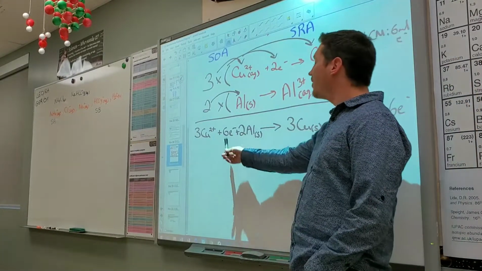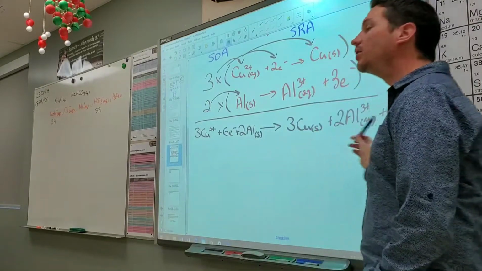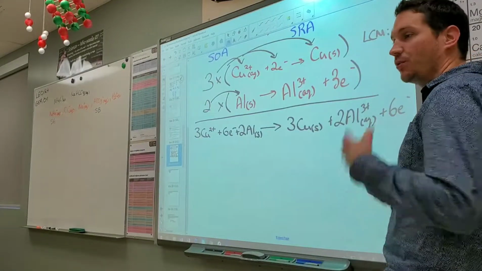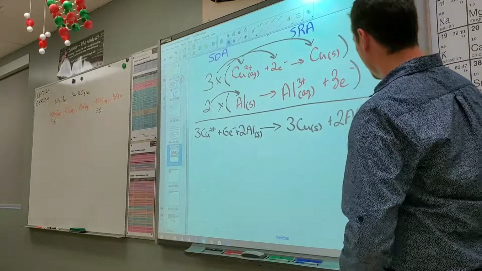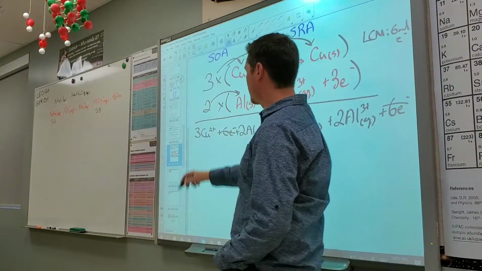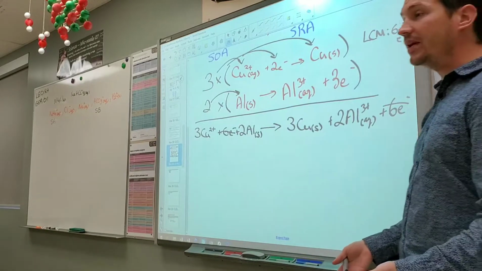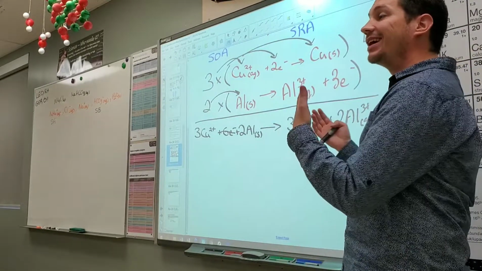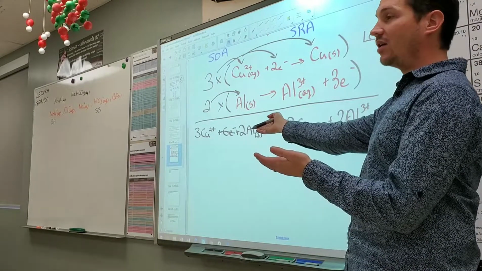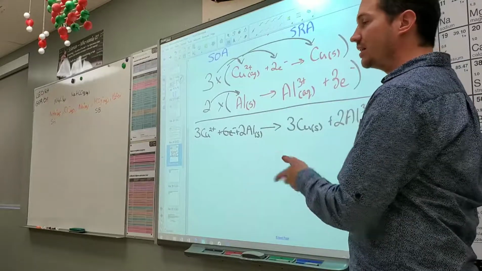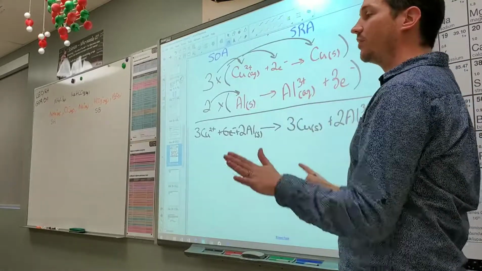So here we're gaining and losing the same number of electrons, so what can we do with that? We can just cancel out the electrons. That's the goal of a redox reaction: as long as something is gaining and losing the same number of electrons, then we're fine.